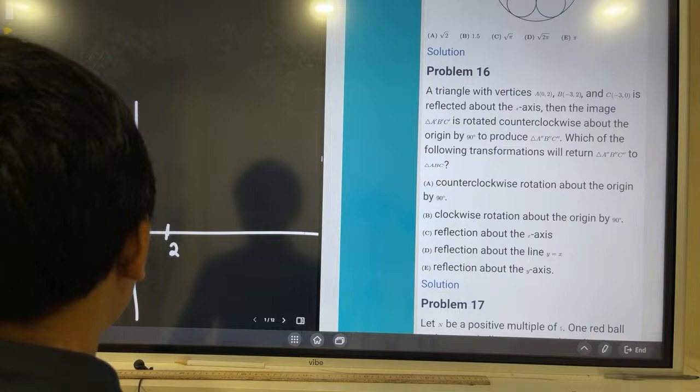When you give equations to all of these lines, you can just instantly find this out. Coordinate geometry is exactly what I'm going to do.